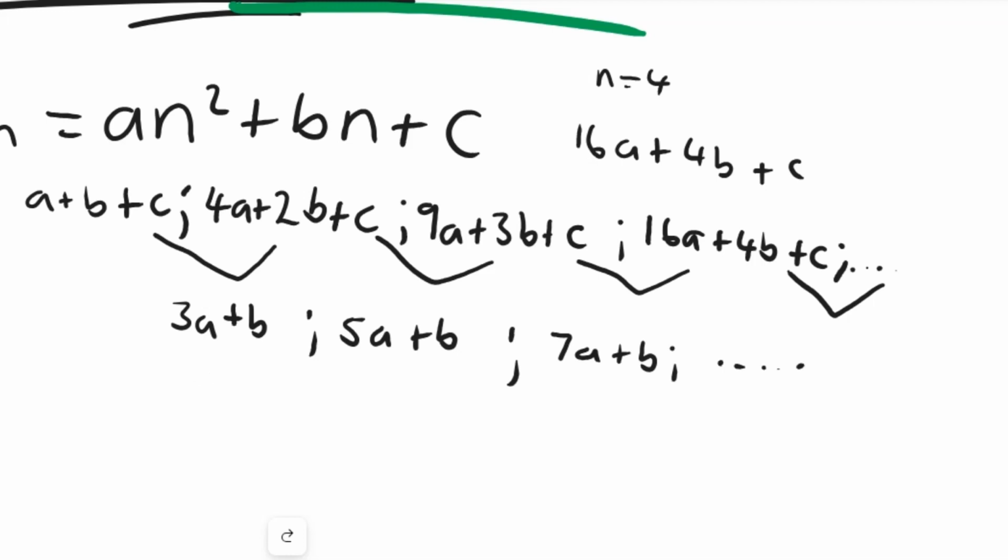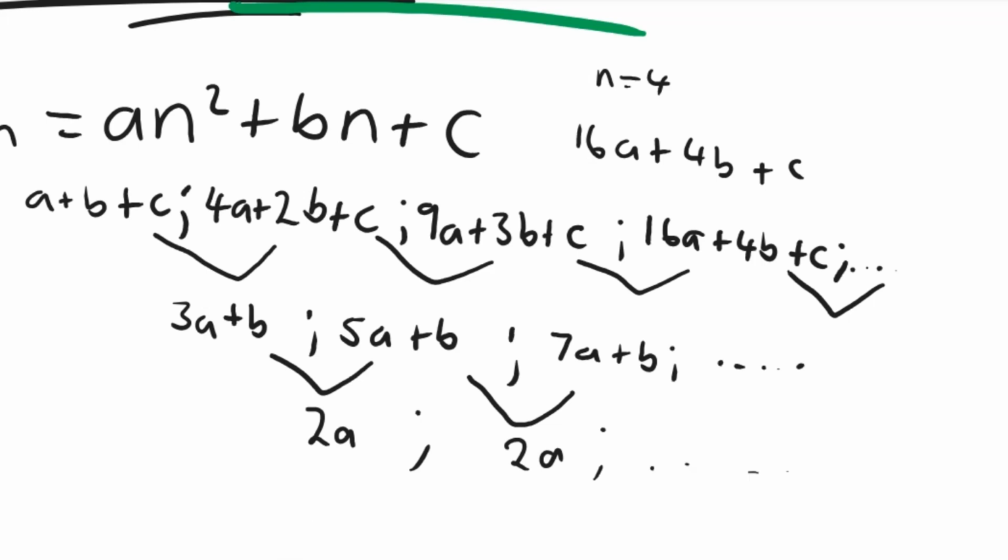Now let's look at our second difference. It is given by subtracting these terms of the first difference. So we say the second term of the first difference minus the first term. We have 5a minus 3a, that is just 2a. b minus b falls away, so it's 0. 7a minus 5a is again 2a, and so on.